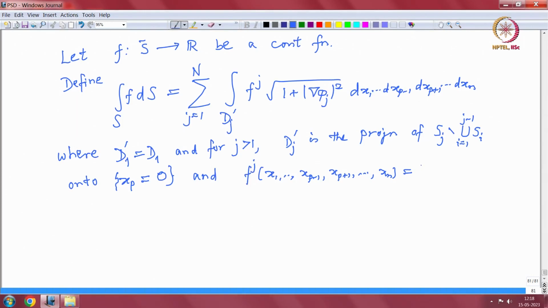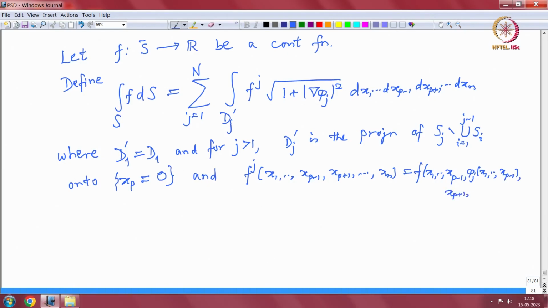So this is nothing but f of, so the variables remain same here, because f is defined on S closure, so we have to get a point on the S. So this is x1 to xp minus 1, phi j of those variables, and the rest of the variables same.